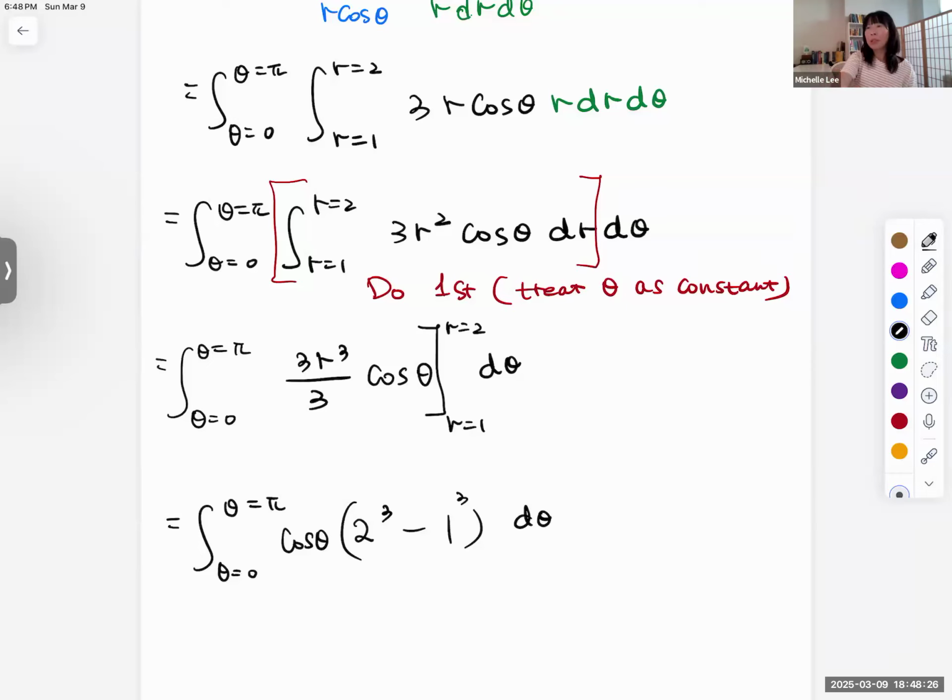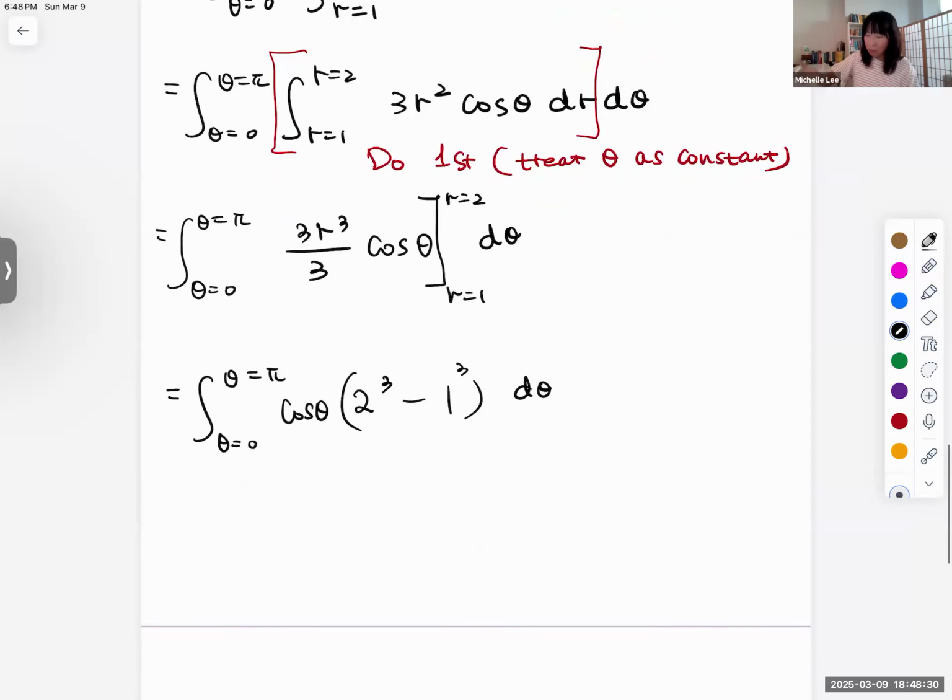All right. Then we have 8 minus 1, which is 7. So we get 7 cosine theta, d theta, right?